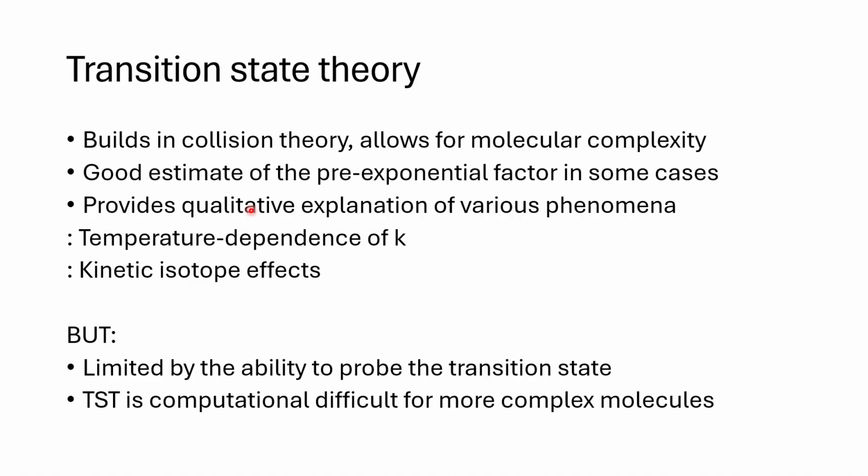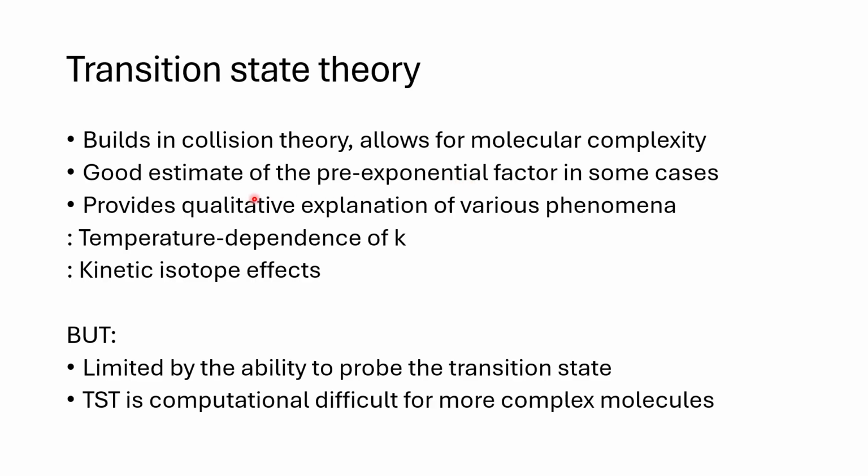We have used the concept of transition state theory embodied by the Eyring equation to move beyond simple Arrhenius kinetics. The transition state theory offers a few advantages for the understanding of chemical kinetics. It builds in collision theory, but it goes further by allowing for molecular complexity.